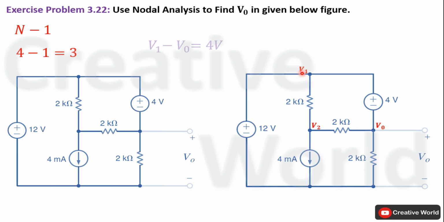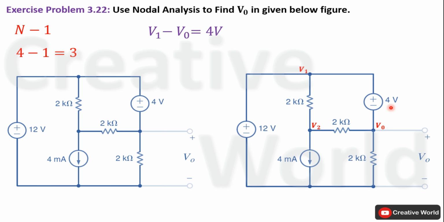So we can say that V1 minus V0 will be equal to 4 volt. Here we are considering V1 is on higher potential than V0, so definitely the direction of current flow through this branch will be from node 1 to this node. So the current will be entering from the positive terminal. That's why we have taken this voltage source value as positive 4 volt.